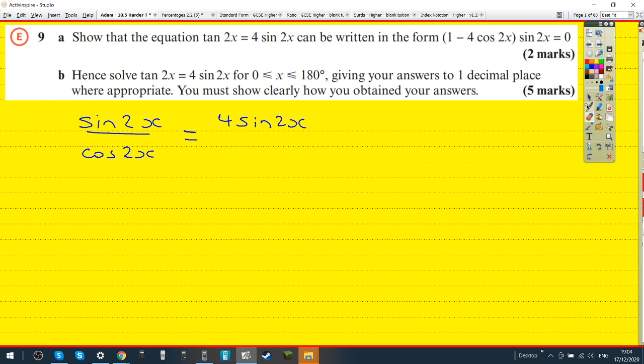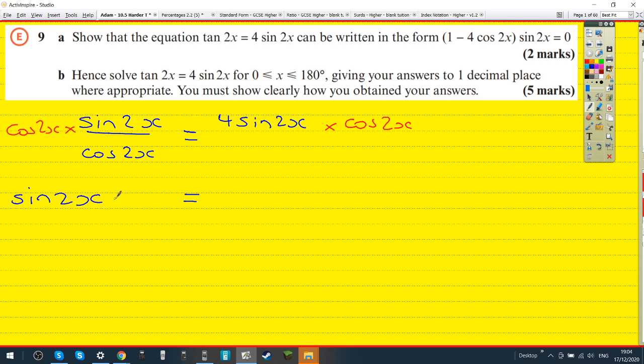Yeah. And so what would you get? Would you multiply it by cos 2x on both sides? Yeah. Okay. The left side would just be sine 2x.